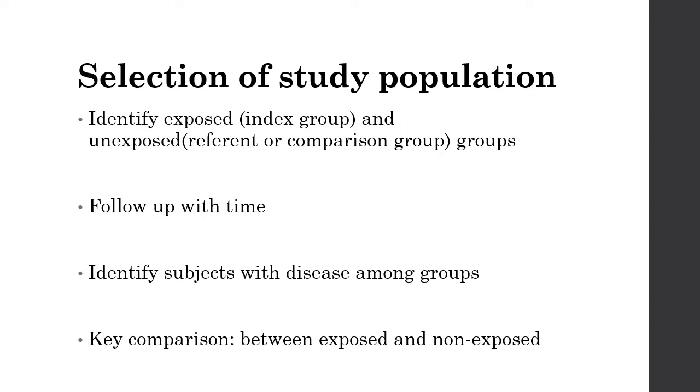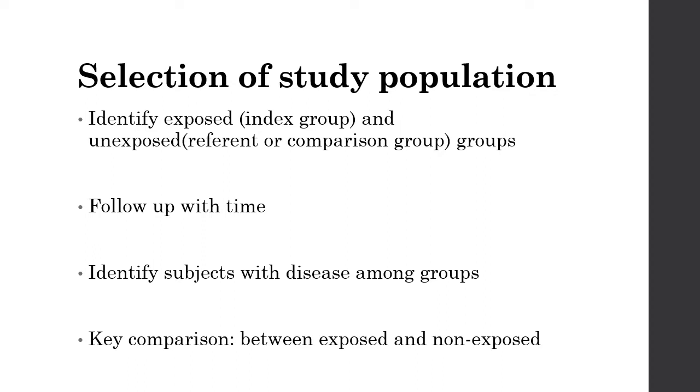So how do we select our study population, since we are starting with people who are not diseased? We are selecting them based on their exposure status in this case, right, in cohort study. So we have to identify those who are exposed, and those are also called the index group, and our unexposed group from the population will be called the referent or the comparison group.